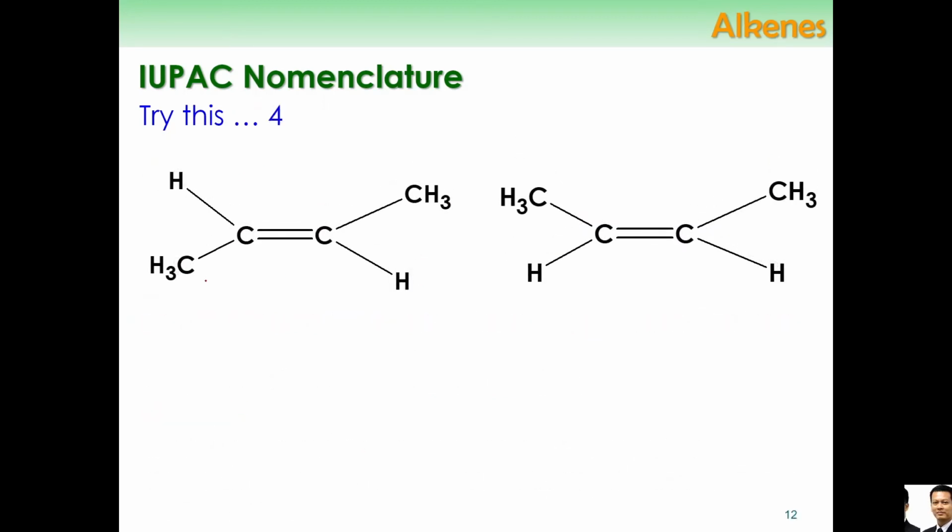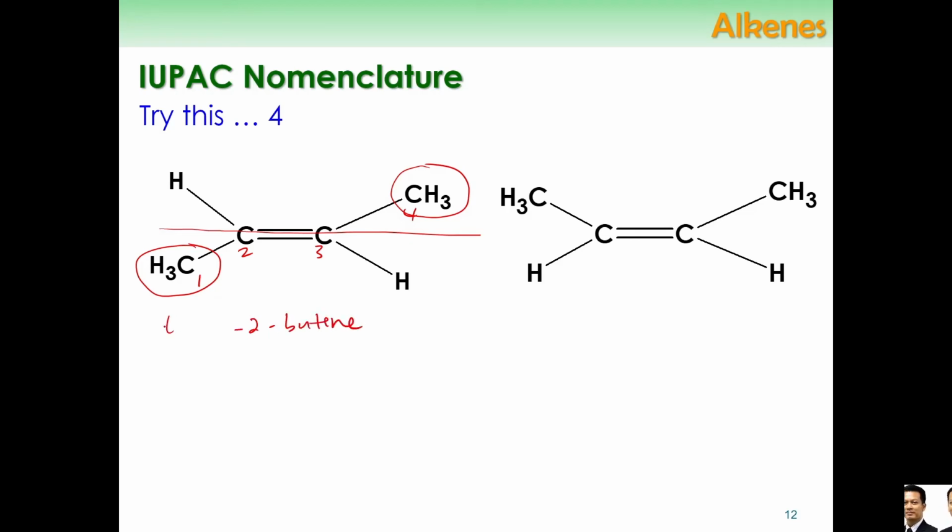Okay, one more example. This one, you can see there is no other substituent, only carbon and hydrogen. Is it possible to have cis-trans isomers? Yes, still it is possible. So again, you can see that this one is on the opposite side, so this one will be trans. What compound is this? 1, 2, 3, 4, and at carbon number 2 is the double bond. So this is 2-butene actually.